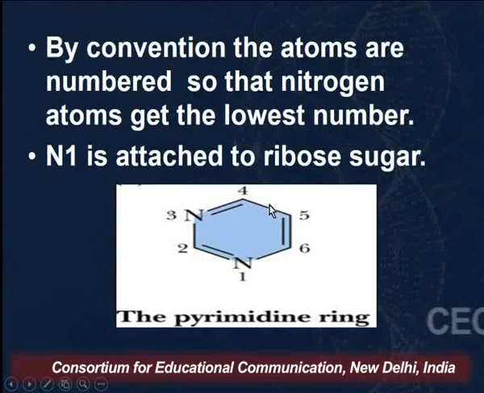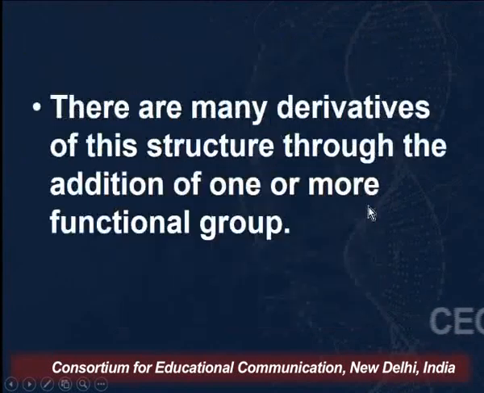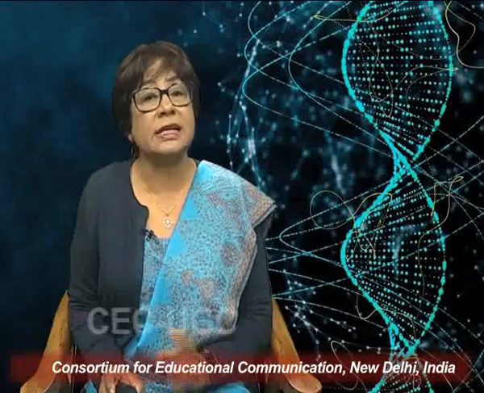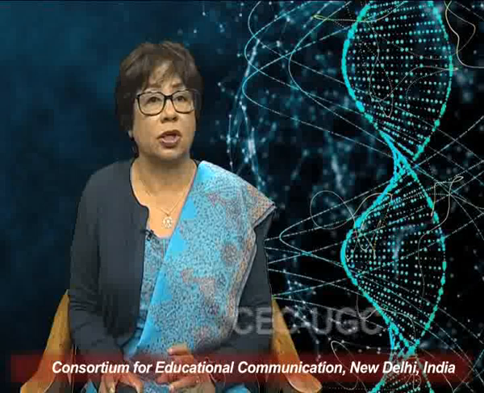So this is the basic structure of the pyrimidine ring, and you've seen how we've numbered it: 1, 2, 3, 4, 5, 6. What you have to remember is that this is the basic structure of a pyrimidine molecule.